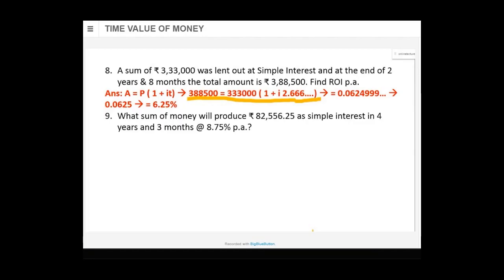That is I. So use that formula of I. What you have to find out? What sum of money will produce this much interest. So you have to find out P. Use the formula of capital I equal to PIT. P capital, I and T small.